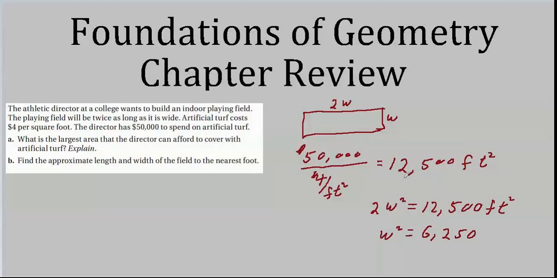Well, we've got this part here for part A already. The largest area that the director can afford to cover with artificial turf. Boom, 12,500. Now, find the approximate length and width of the field to the nearest foot, but that's the part we're doing right here. So we need to figure out what's the square root of 6,250.